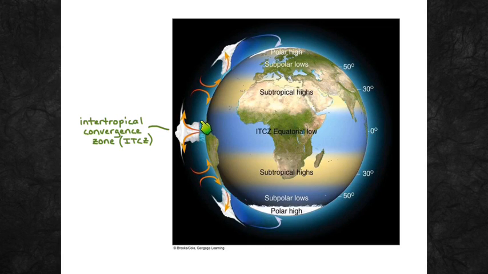You've got your northern hemisphere Hadley cell, and you've got your southern hemisphere Hadley cell. And on both sides, the surface parts of the winds are drifting towards the equator from the north and drifting towards the equator from the south. And so you tend to have convergence into this region here in the middle, roughly at the equator. And so the name comes from that convergence. It's the intertropical convergence zone.